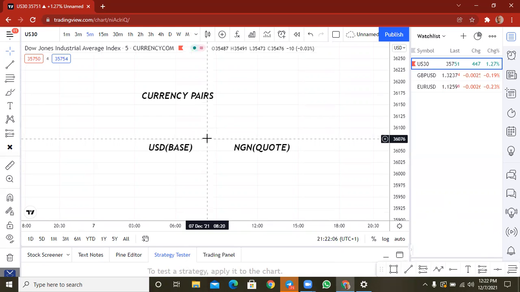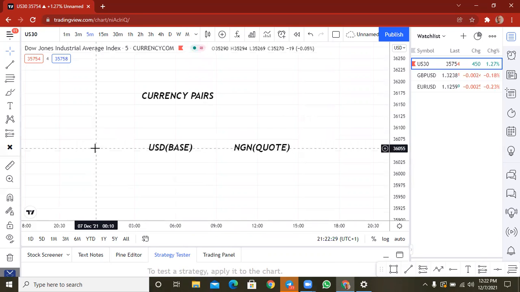Okay, so now you have seen a currency pair like USD NGN. So let's talk about other currency pairs. A forex transaction between the UK and the US. What's going to be the name of the currency pair? I repeat, a forex transaction between the UK and the US.